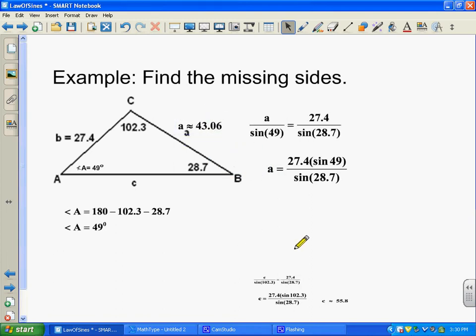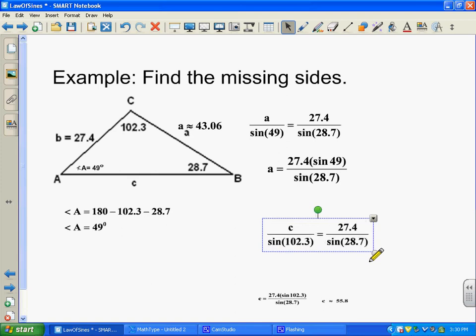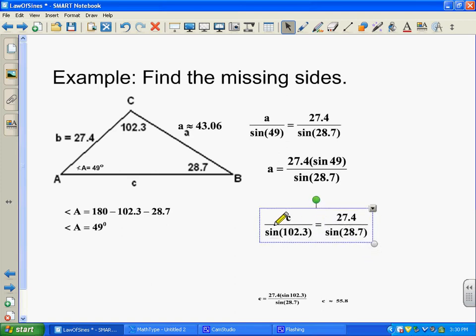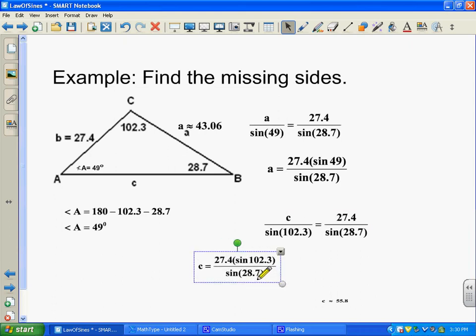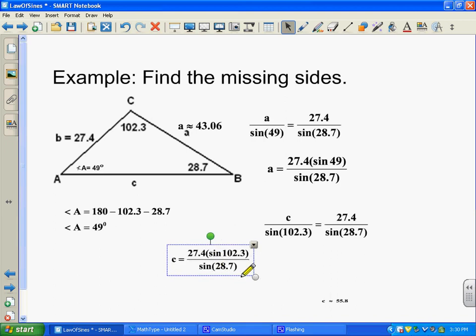Now we're going to do a similar thing to find the measure of little c. Again, we use the law of sines with side b as our anchor pair. We have little c over the sine of angle C, and we multiply both sides by the sine of angle C, which is the sine of 102.3.